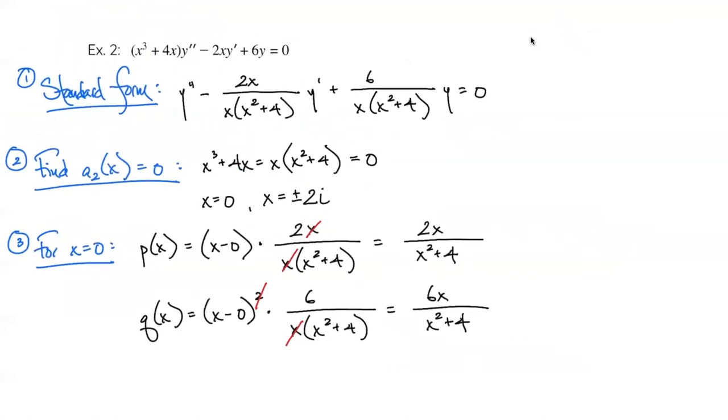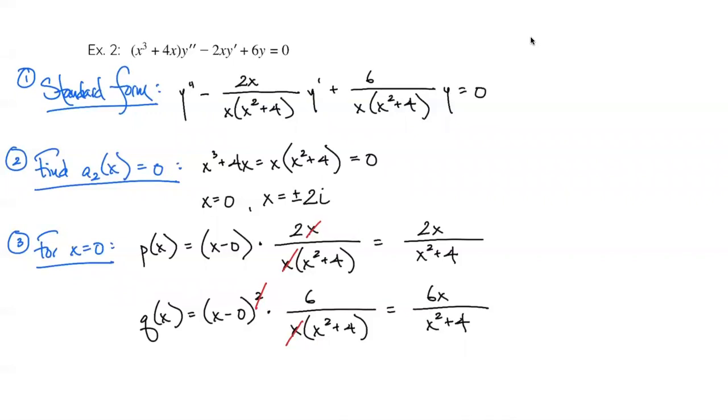based on what we have here, do we think that x equals 0 is a regular singular point or an irregular singular point? Regular here, right?